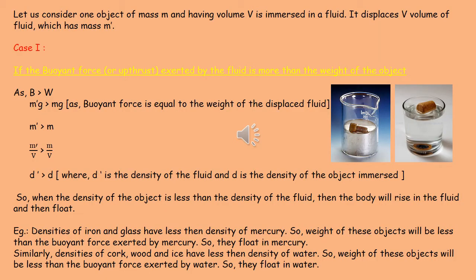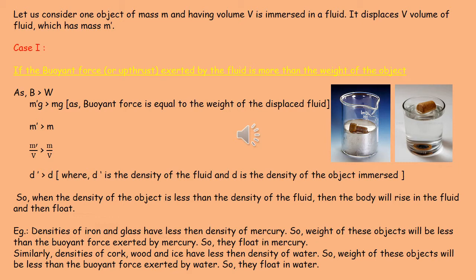Now, let us consider one object of mass small m, which has a volume of capital V, and it is immersed in a fluid. It displaces V volume of fluid because its own volume is V, so it will displace an equal volume of fluid. Now let us consider that the displaced fluid has volume V, equal to the volume of the object, but the mass is different.